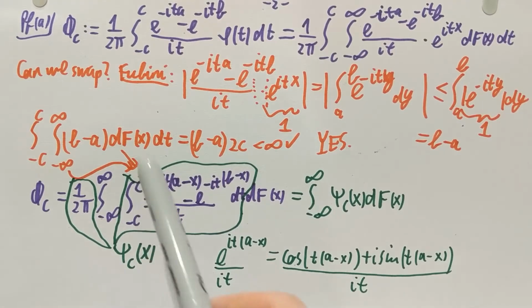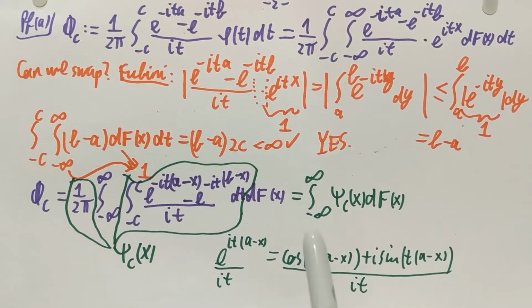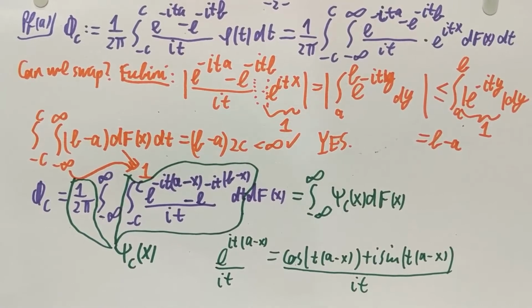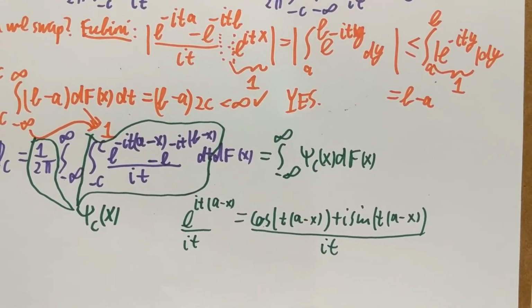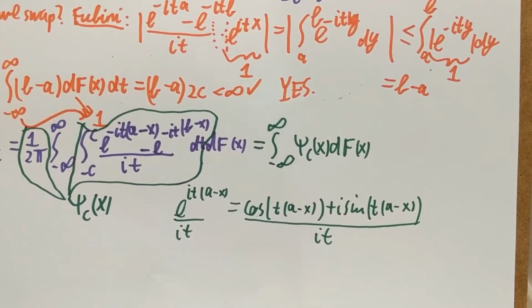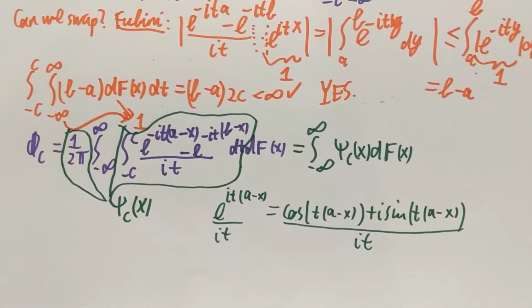Integrating that on a symmetric interval will matter, but integrating the odd function of cosine t over t will not matter, because if I change the sign, cosine t over t swaps sign as well, and if I go from negative c to 0 and from 0 to positive c, the two contributions just cancel each other. So what I want to say here is that looking at psi itself, I can actually only look at the sine part of that integral.